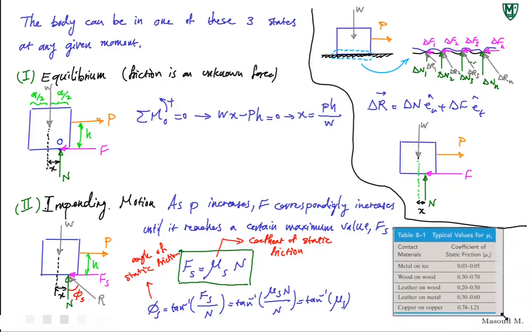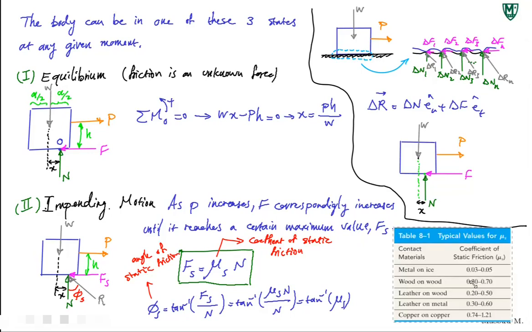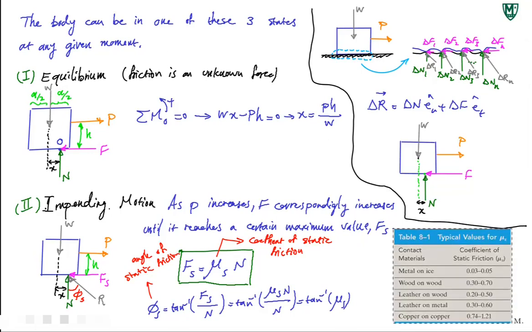So as an example, here are some typical values for mu s, coefficient of static friction. They found it by experiment. So if you have metal on ice sliding, your coefficient of static friction is somewhere between 0.03 to 0.05. It changes all the way to copper on copper, right? So very high friction, between 0.75 to 1.21.